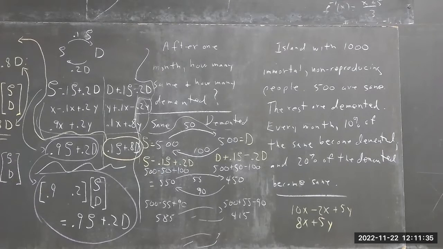If we multiply the first row by SD, as we see now, we're going to get 0.9S plus 0.2D. Since this is the first row multiplied by this, we're going to put it in the first row of a new column matrix. So we're just organizing these calculations in a way that involves matrix multiplication.